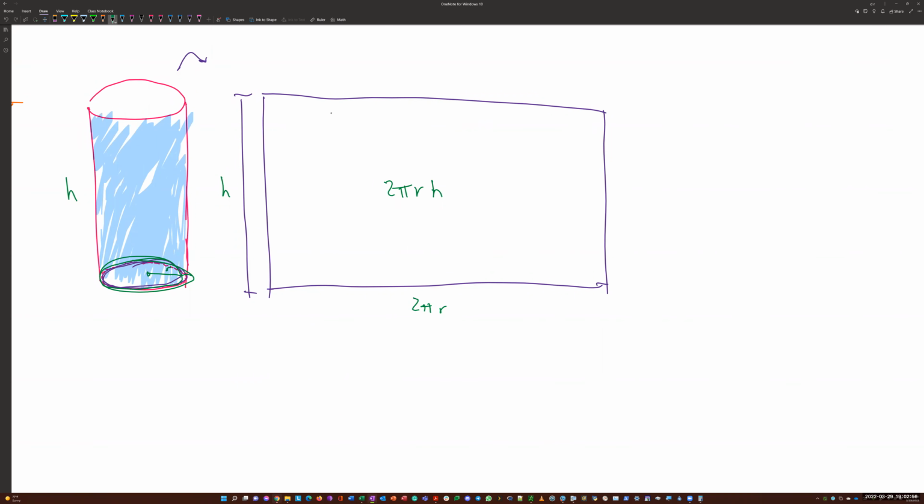If you take the can and pull it apart, then forget about the top part and the bottom part for a second. Just the front facing portion of the can. It would flatten out and be a rectangle.